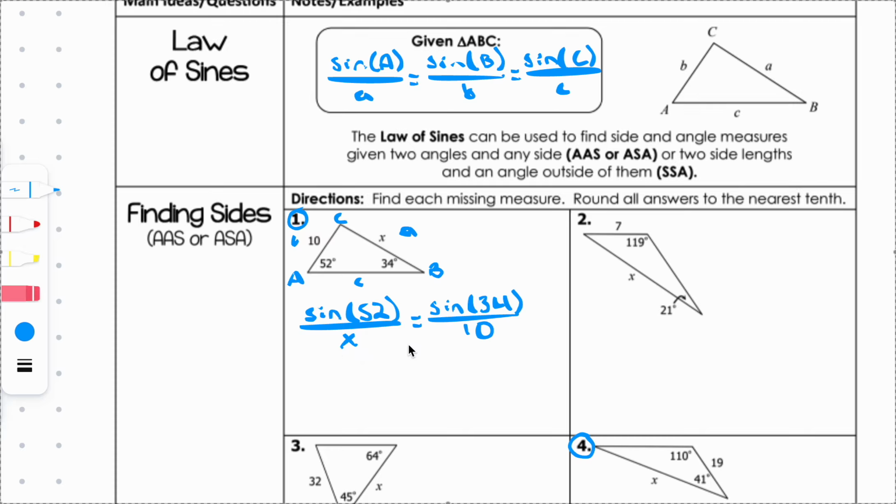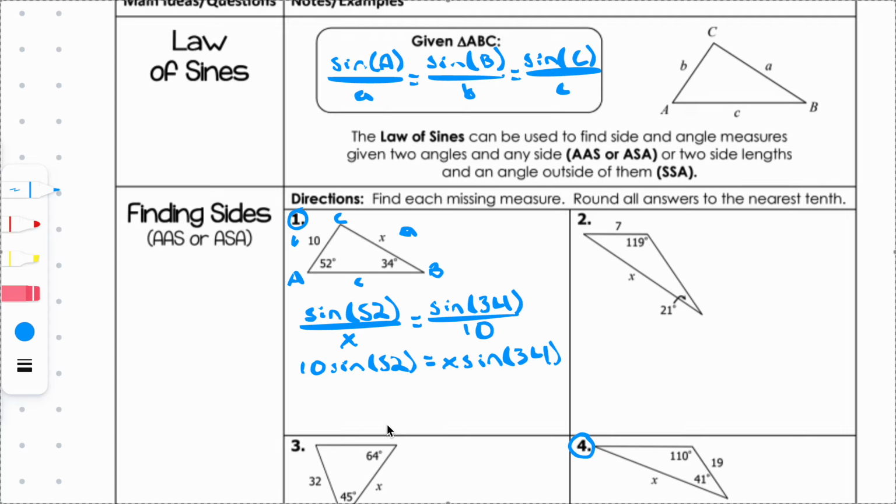So I can multiply both sides by 10x, and I end up getting 10 sine of 52 equals x sine of 34. Okay, and then at this point, actually, you know what I'm going to do right now is I'm going to evaluate this.